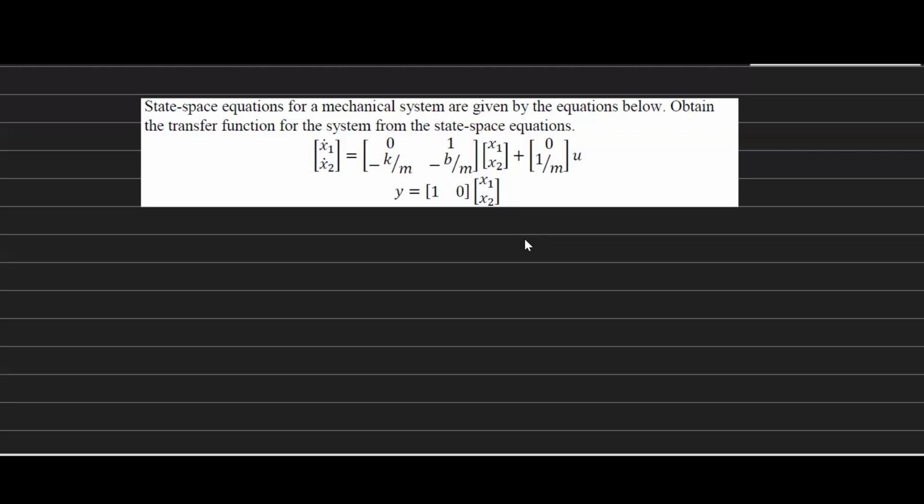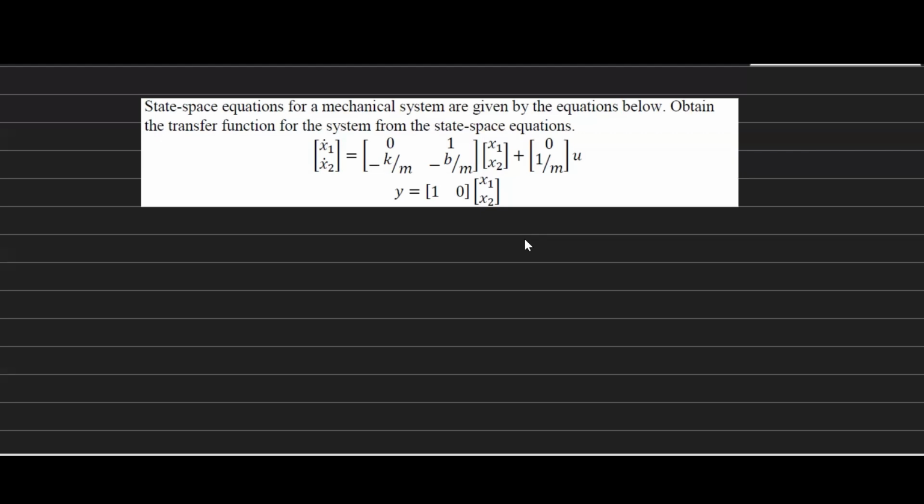So we have the state equation, which is x1 dot and x2 dot equal to the matrix A, a 2 by 2 matrix because the system is second order: 0, 1, negative k over m, negative b over m, times the state variables x1, x2, plus matrix B for the input.